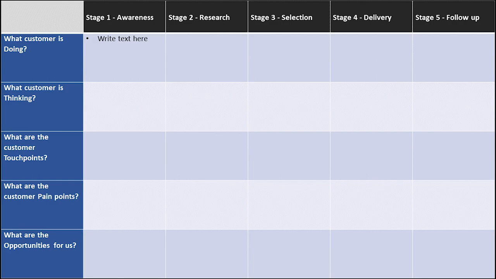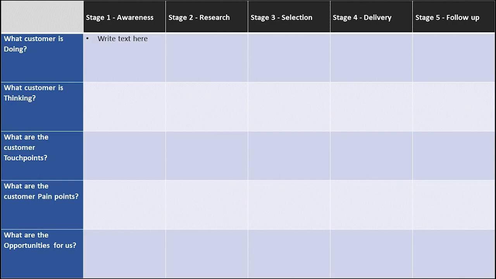On the x-axis, you can see that there are stages. For example, stage 1 is awareness, stage 2 is research, stage 3 is selection, stage 4 is delivery and follow-up. But depending on the scenario that you have, these stages could be slightly different.